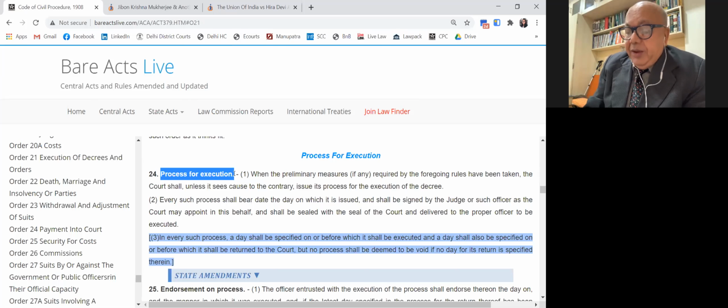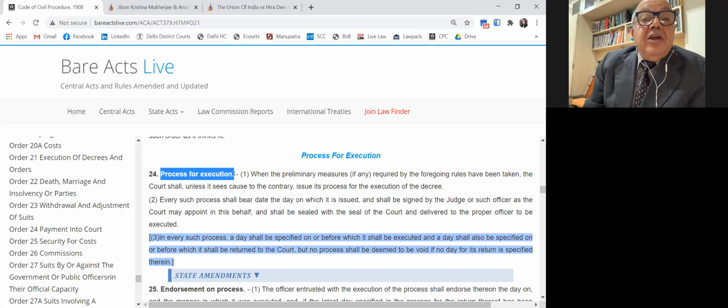Now finally, section 21, the court makes an endorsement of the process. That means the application for execution has been made by the decree holder under Order 21, Rule 22. The court has heard the objections of the judgment debtor. After hearing the judgment debtor, the court has issued process.